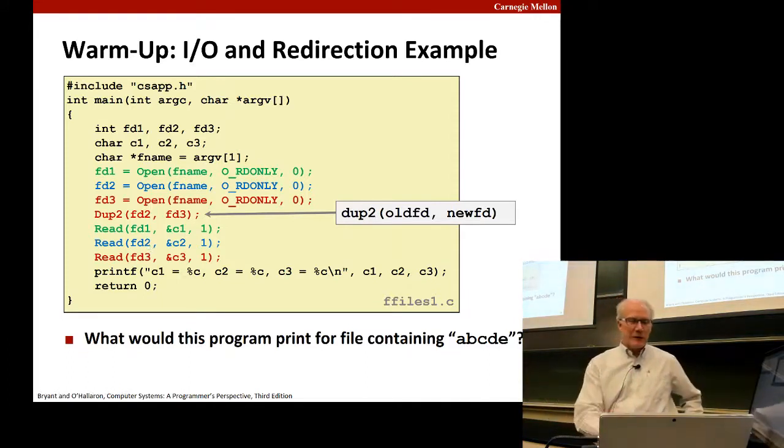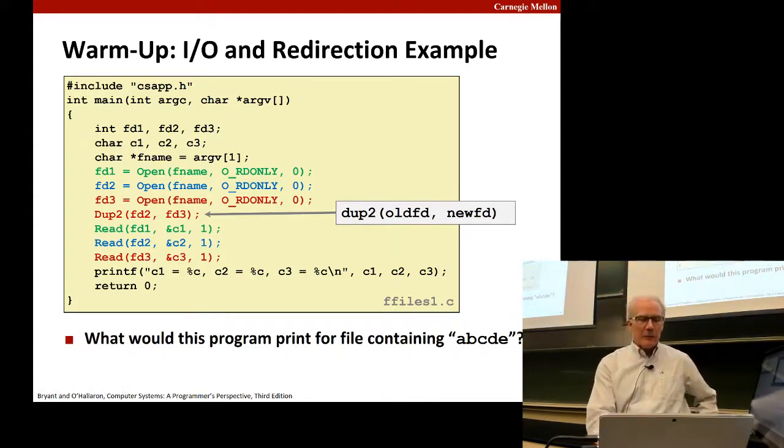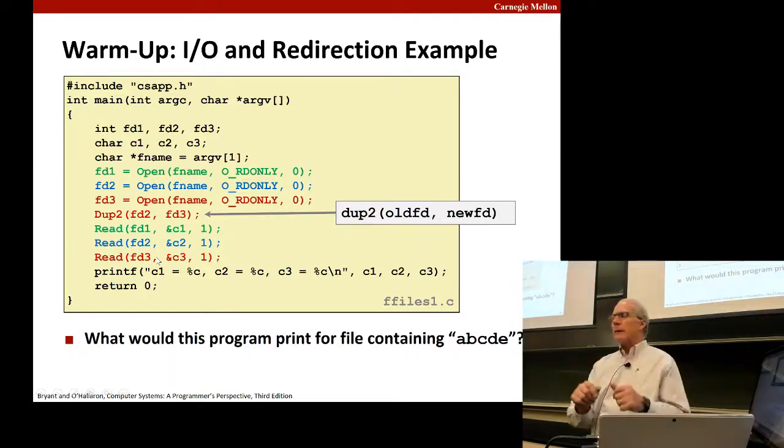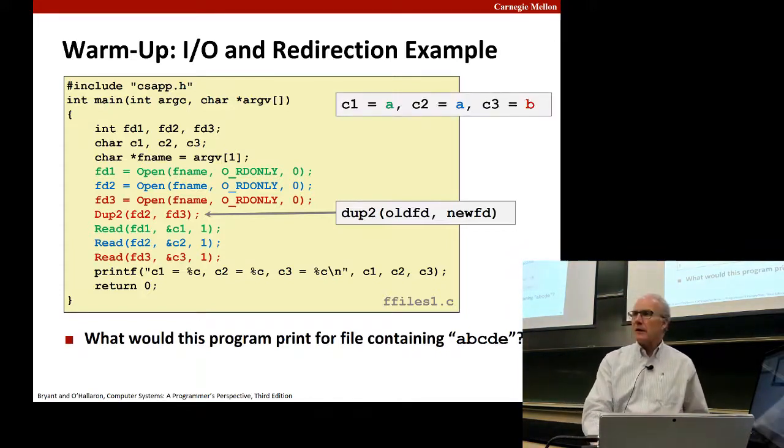Just like before. But I read from FD3, and that will be B, exactly. Because whereas before FD1, 2, and 3 were sort of independent, now 2 and 3 will be sort of codependent. They'll both be sharing the same position pointer. So that's why you get AAB out of this.